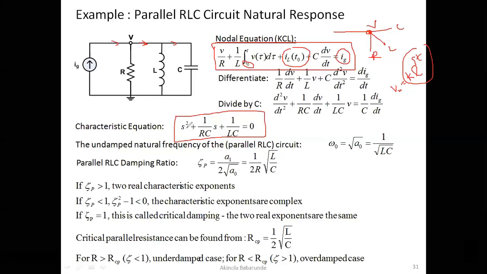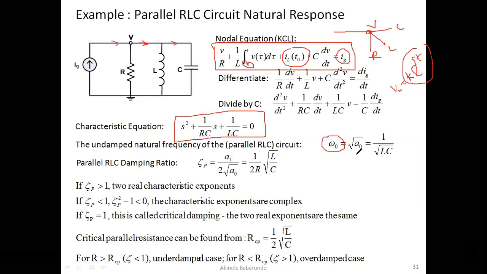And then when you look at what we have here, what you will find is the undamped natural frequency of the parallel RLC circuit, which is w naught. Don't forget that we said this is supposed to be equal to square root of a naught right from the beginning, if you remember properly.